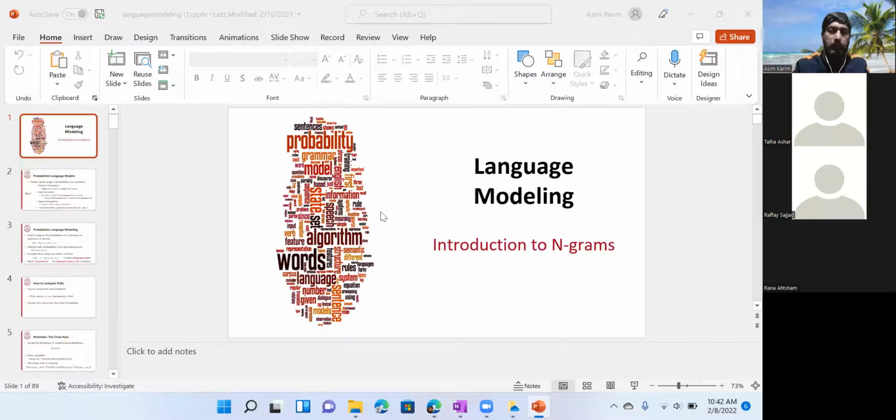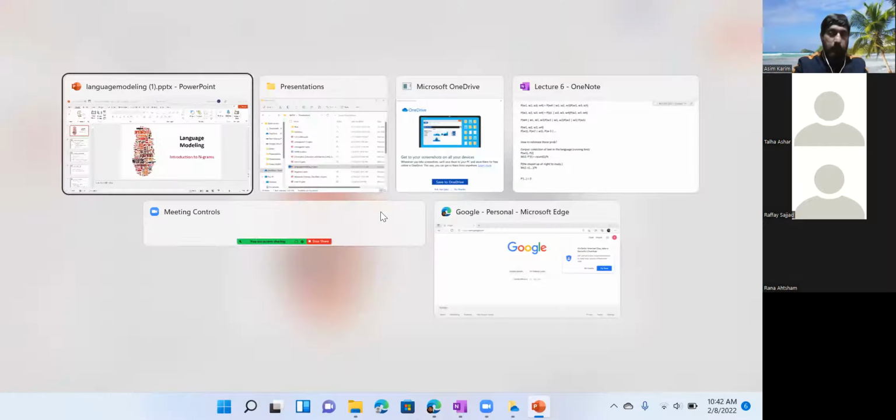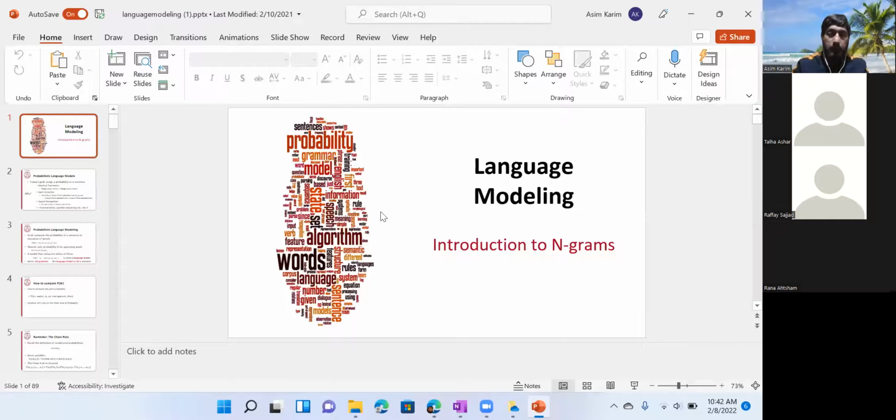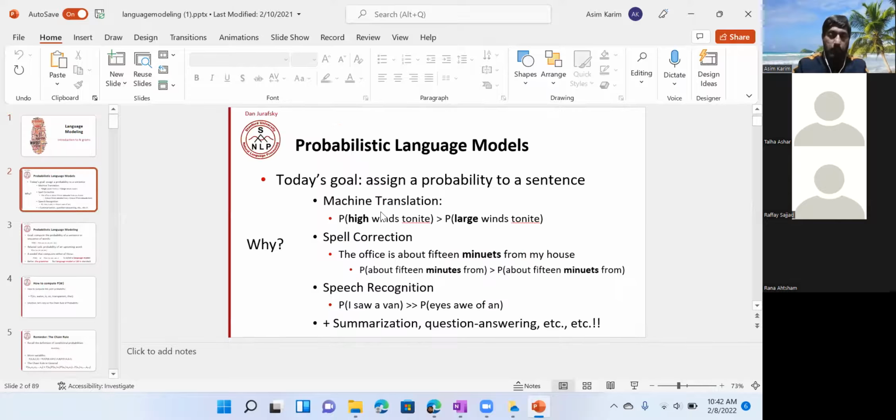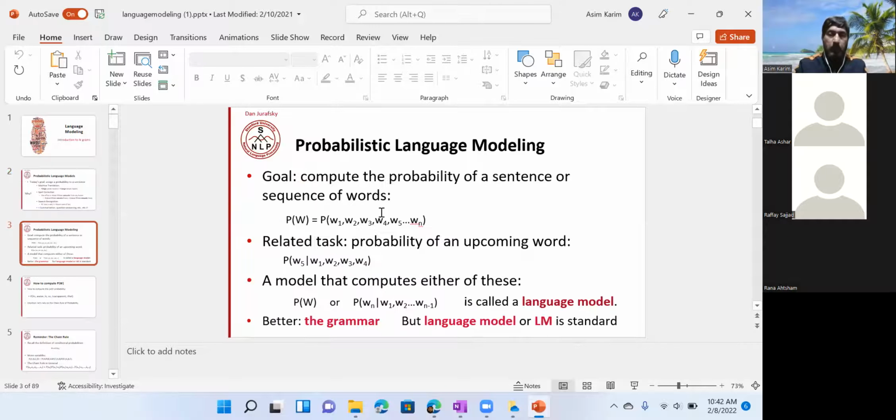These are the book slides with slight modifications here and there. If you have directly downloaded them from the website, that should be fine as well.